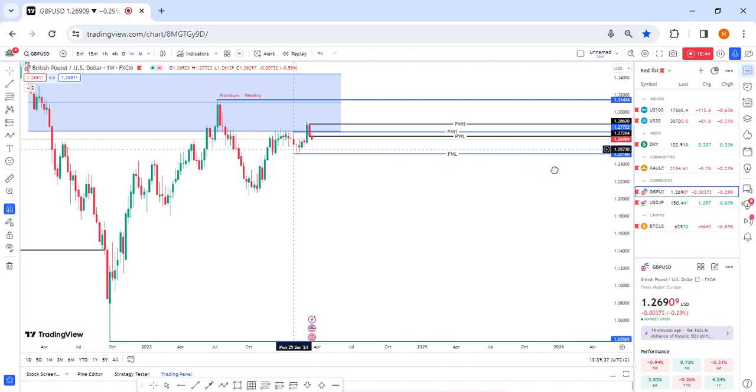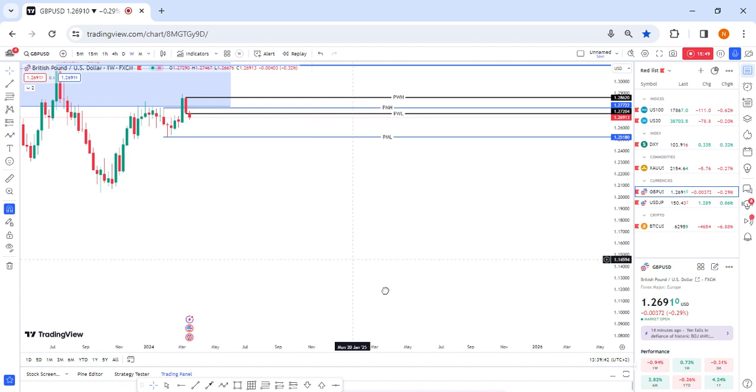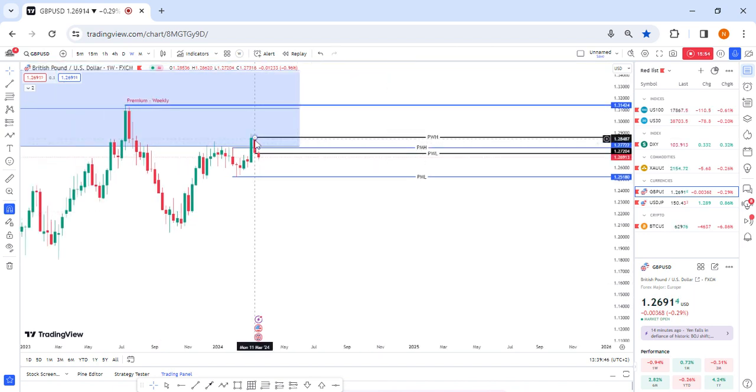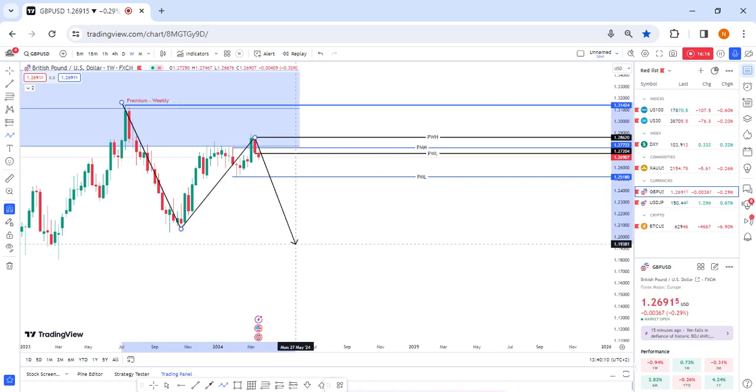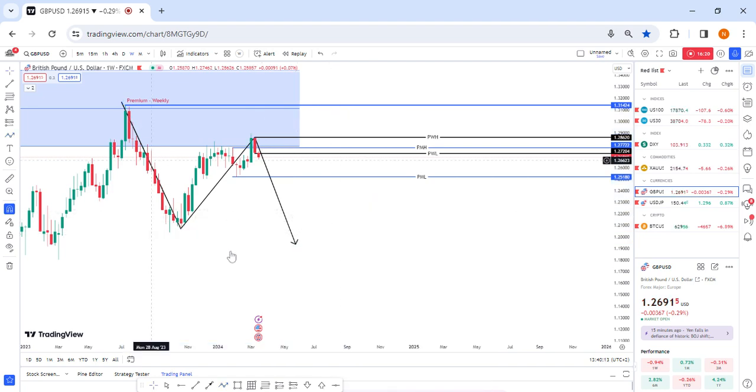But again, as you can see from the previous weekly candle, a bearish candle came into this previous monthly high. So when we look into this week, we're seeing bearish price action. Could we be seeing price look to push down, maybe like this, for the weeks to come? That's what I would anticipate.